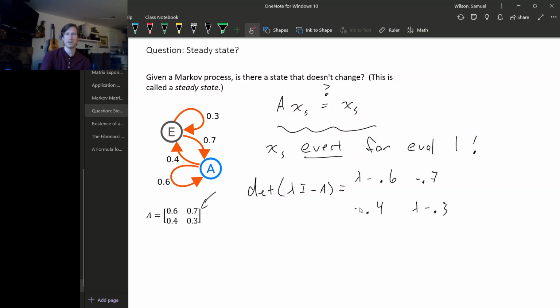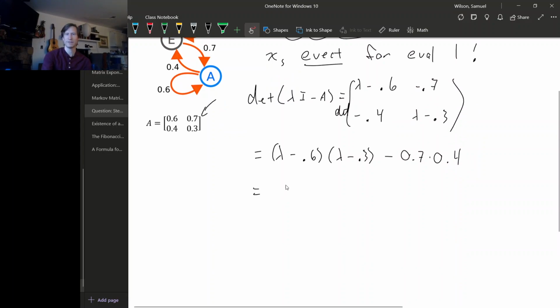Sorry, this should be minus 0.4. So determinant of this. Okay, so lambda minus 0.6 times lambda minus 0.3, minus 0.7 times 0.4.